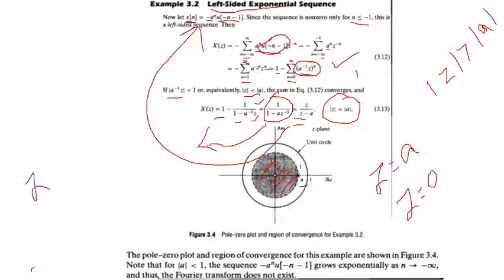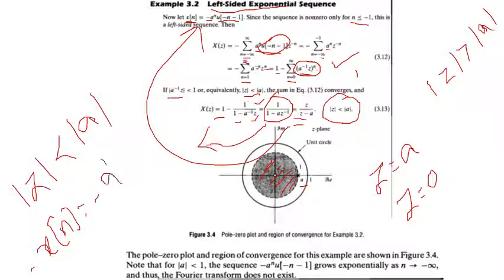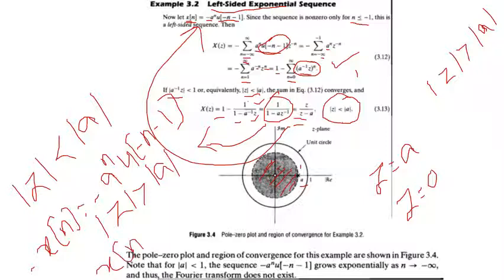When the region of convergence is |z| less than |a|, x of n will be minus a raised to the power n, u of minus n minus 1. When the region of convergence will be this, x of n will be a raised to the power n, u of n, and obviously, okay.